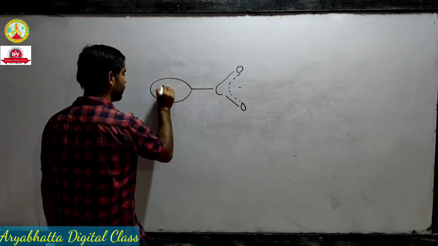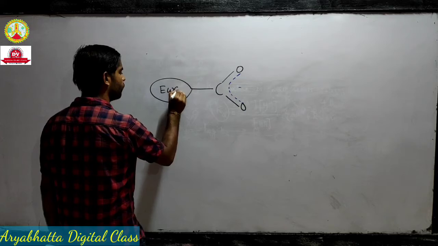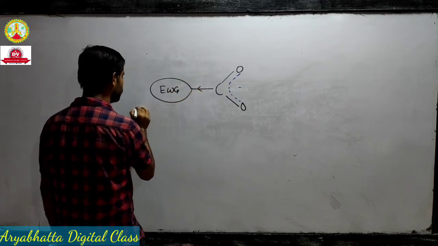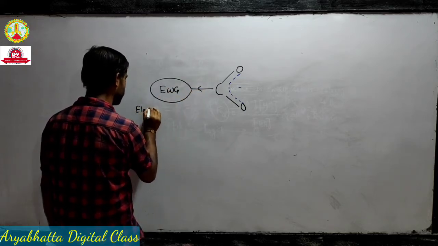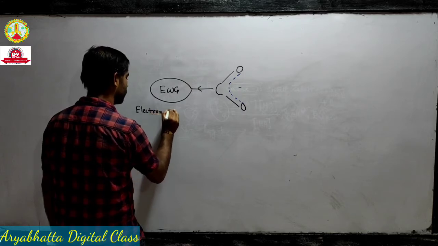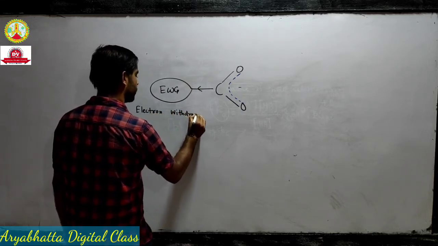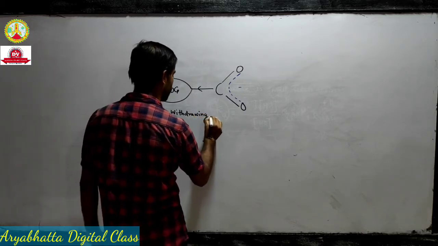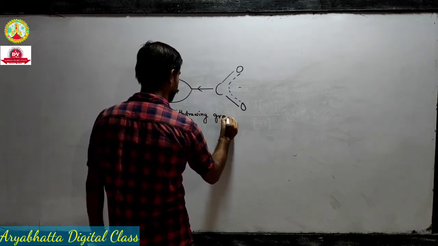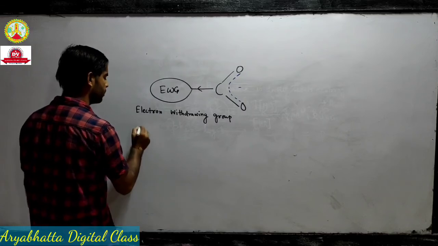So if we introduce an electron withdrawing group, called EWG, and what are those?